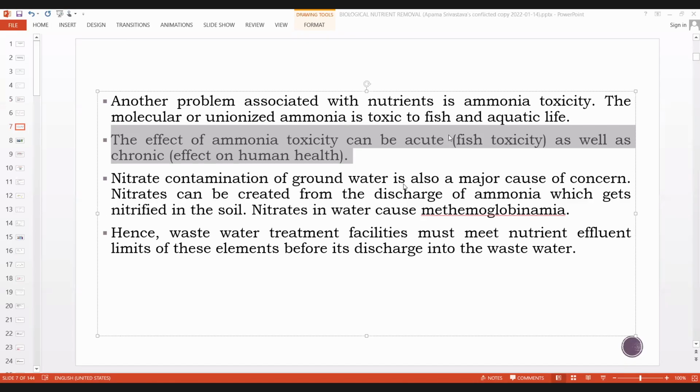Nitrate contamination of groundwater is also a major cause of concern. Nitrate can be created from discharge of ammonia. We know this. So in groundwater it is very common. Why? Because this is a major concern in the Punjab area.